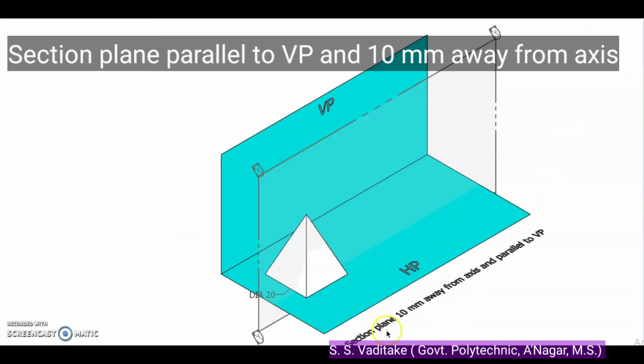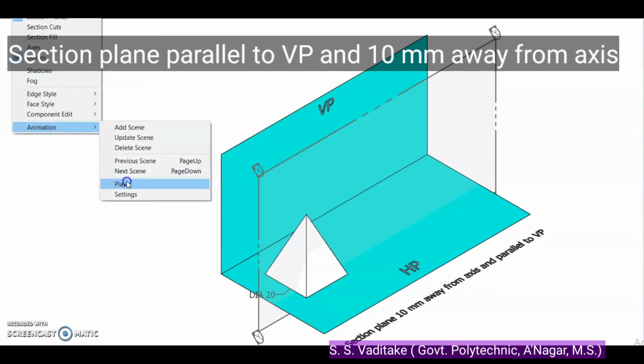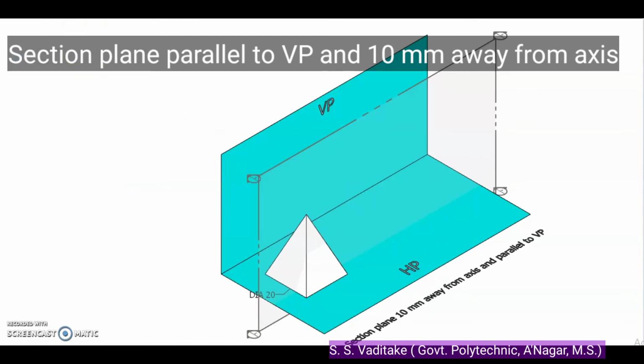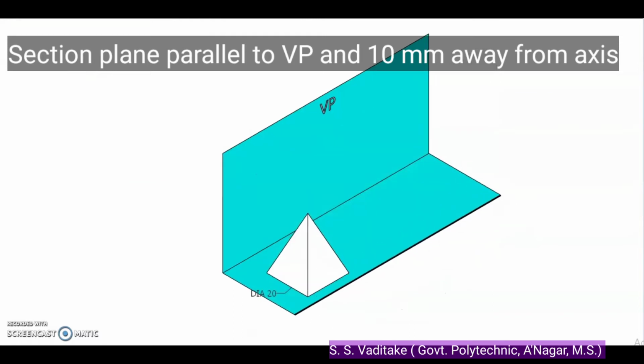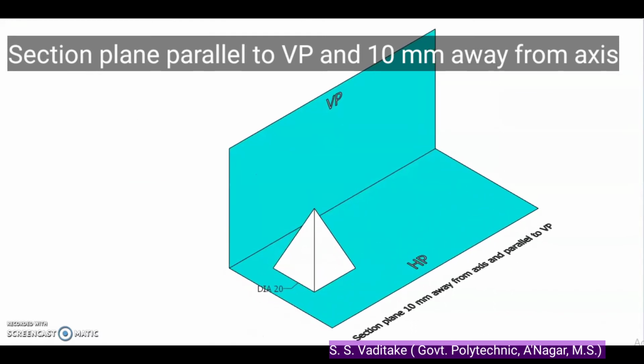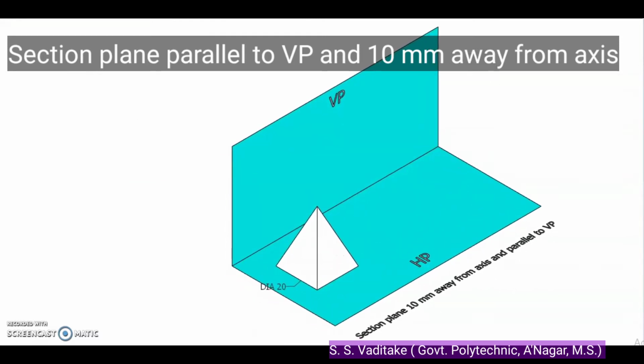The section plane is still parallel to VP and perpendicular to HP, but it is 10 mm away from the given solid's axis. The axis of the given square pyramid is perpendicular to HP, so we have to draw its top view first.